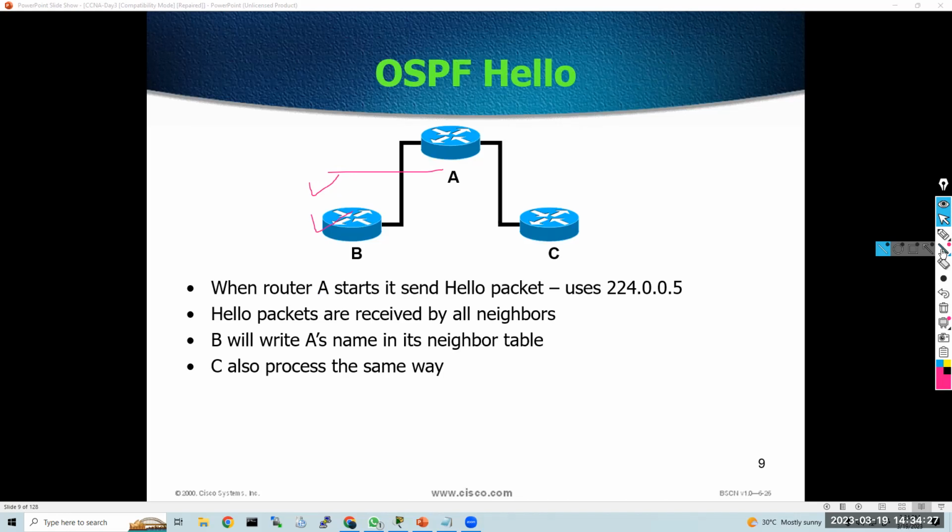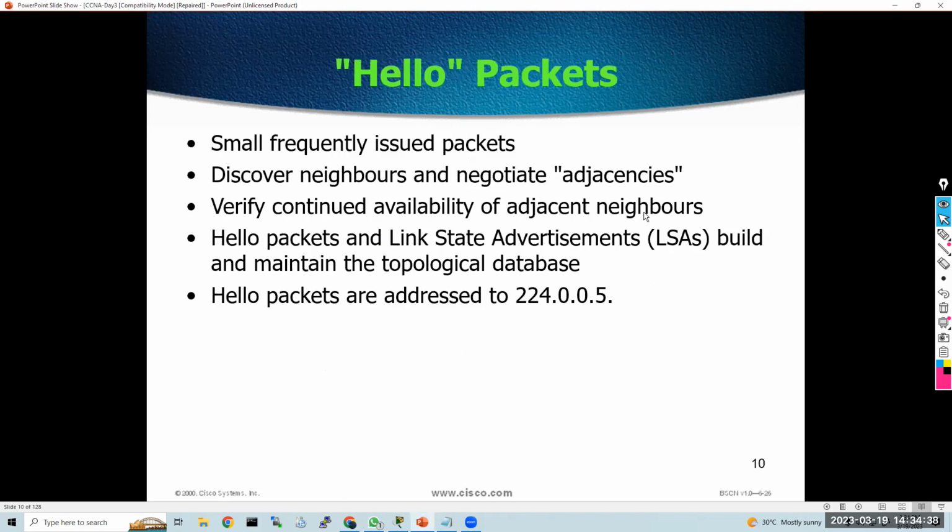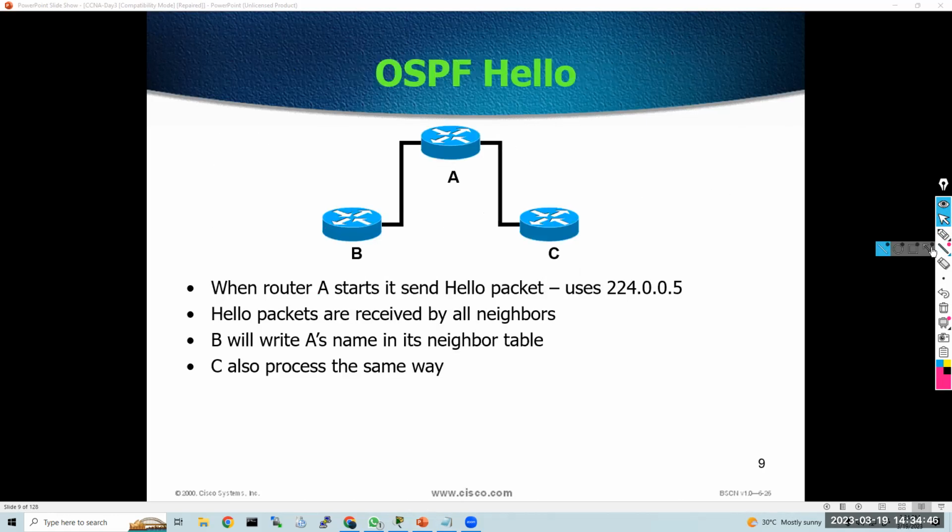How does hello work? When router A sends a message, we can see it sends the message to B router and C router as well.